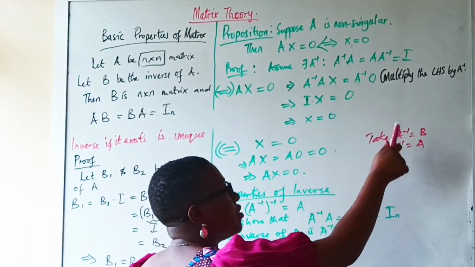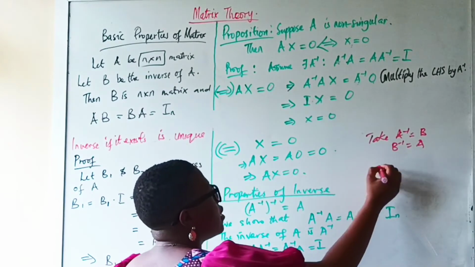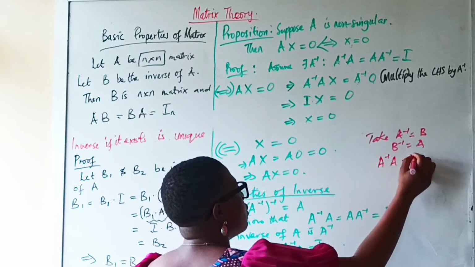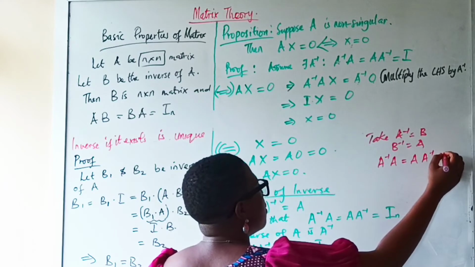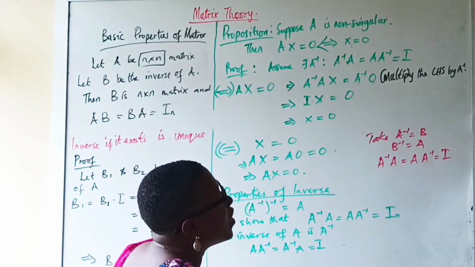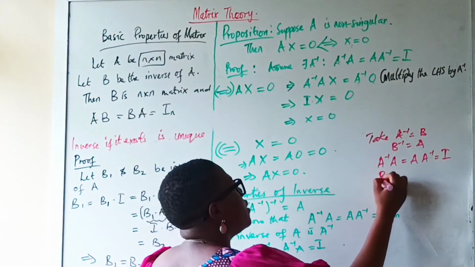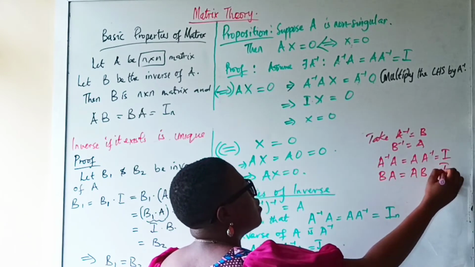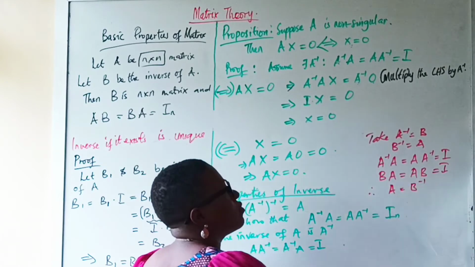By definition of A inverse, what does it mean? It means that A inverse times A is equal to A times A inverse is equal to I. But A inverse is B. So it means that B times A is equal to A times B is equal to I. Therefore, A is equal to B inverse, is it not?